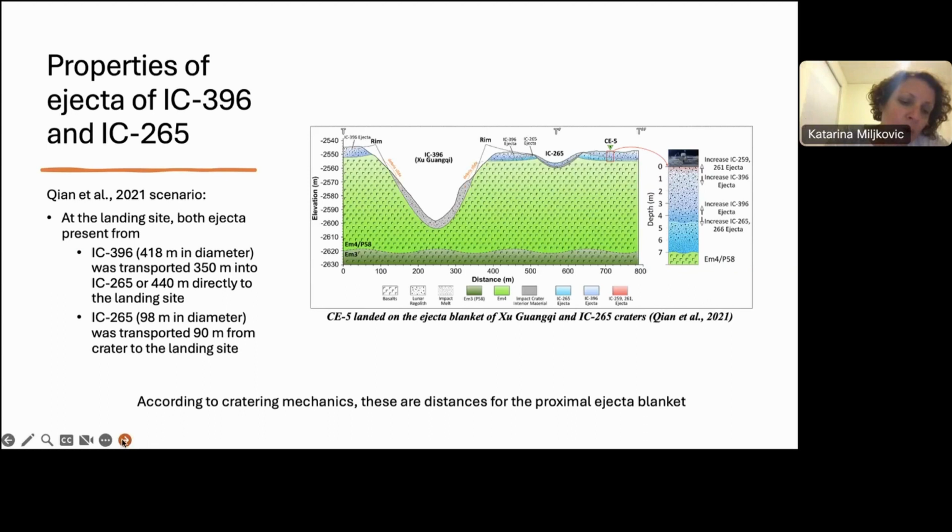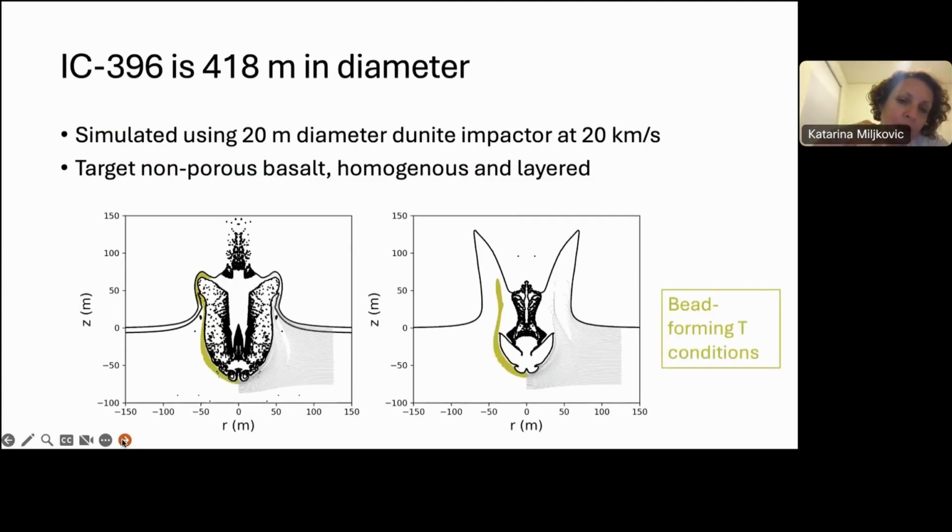So when we started looking more into the numerical modeling side, I created a range of impact conditions for craters that are between 200 meters and 1200 meters in final diameter. What you're seeing here is probably the smallest kind, where we made an impact into a homogeneous target, which is on the right-hand side, like homogeneous basalt, and an impact into homogeneous basalt that has about 8 meters of quite fluffy, loose regolith, which is what we believe from that landing area.